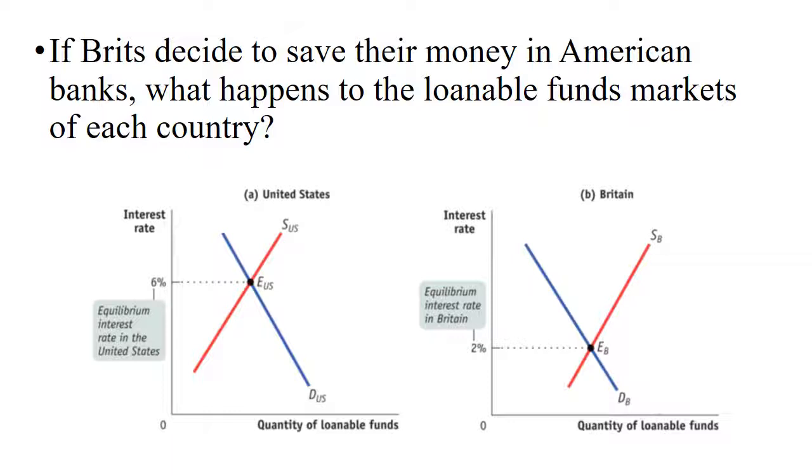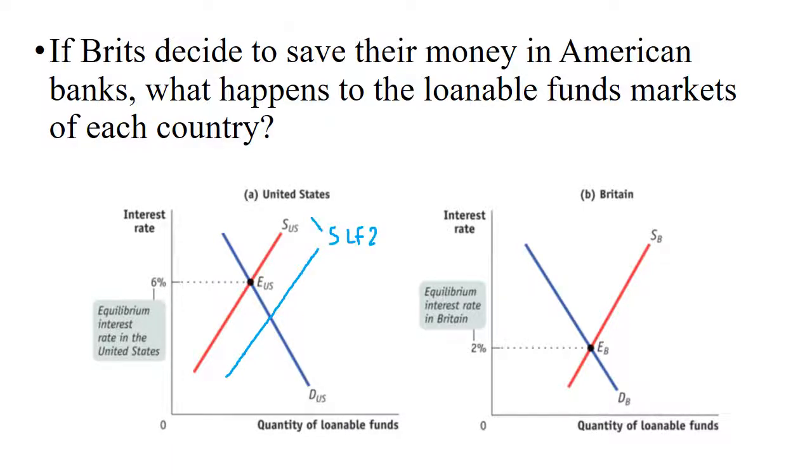Is it guaranteed? Is the currency stable? Will the interest rate change again tomorrow? So as long as they each view the other country as a safe choice compared to their own country, what will they do? If British people decide to put their money into American banks, then the supply of loanable funds in America will increase.